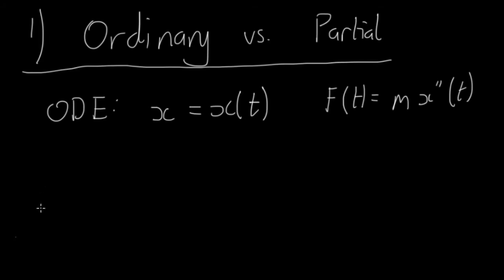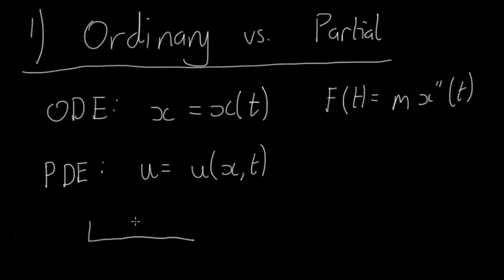On the contrary, a partial differential equation is an equation in which the dependent variable depends on two or more independent variables. So partial differential equation, often written as PDE. Suppose we have some dependent variable u, that will be dependent on two independent variables, say position and time.